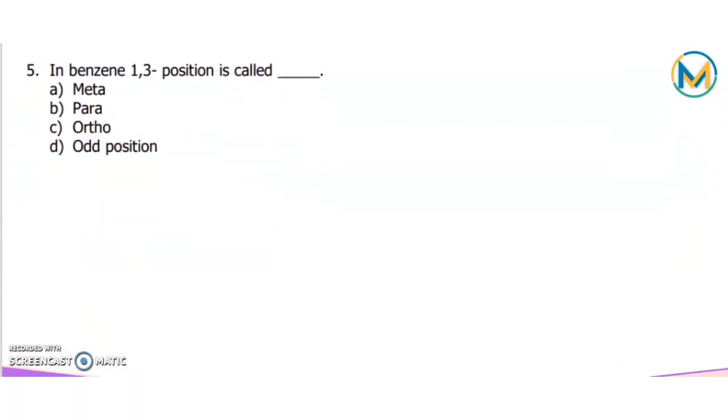And the last question, in benzene, 1, 3 position is called. So first of all, we need to know that this is a benzene structure and there are these alternate double bonds. Now, if I put any specific functional group, suppose X over here, then the carbon attached to X is 1, then 2, 3, 4, 5 and 6.